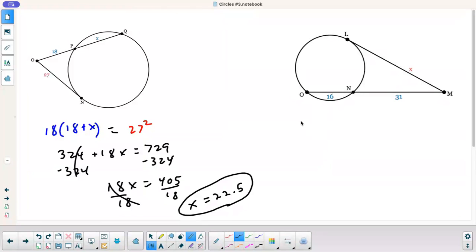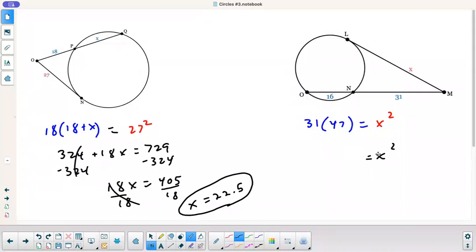Over here, it's going to be outside times whole equals outside squared. Let me use the same colors. This is a little harder because now we have an x squared, but we should be good with that.